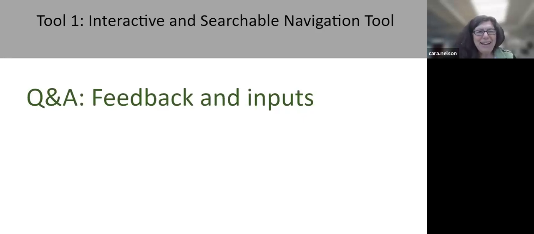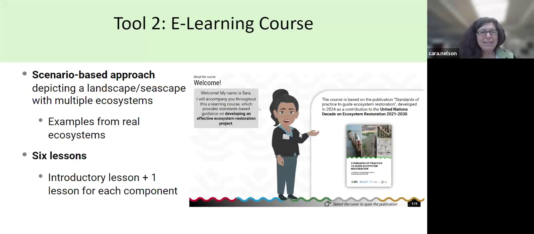I'm sure there's going to be a lot after this next one, and actually we really need some feedback here. So the second tool is an e-learning course, and this is being supported. It'll be on the multi-tool platform, but it's being supported by FAO's e-learning unit.